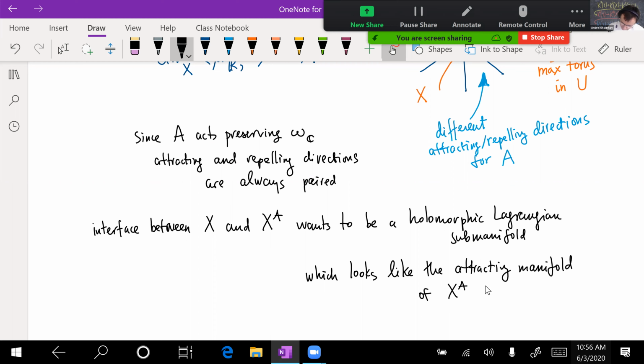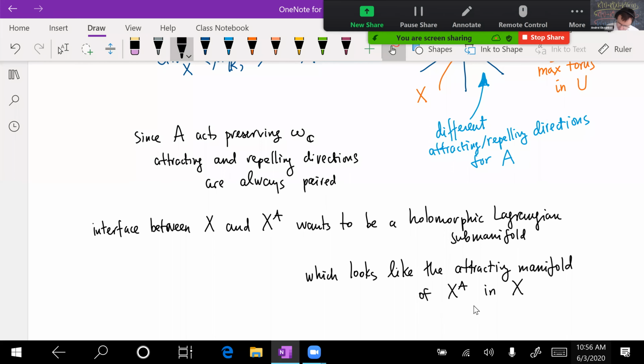of XA in X. So if I turn on the potential, every point will start experiencing a force, and that force will either drive it away or drive it to a particular fixed point. And so what we would like is to have this correspondence where a point is driven to a particular fixed point.